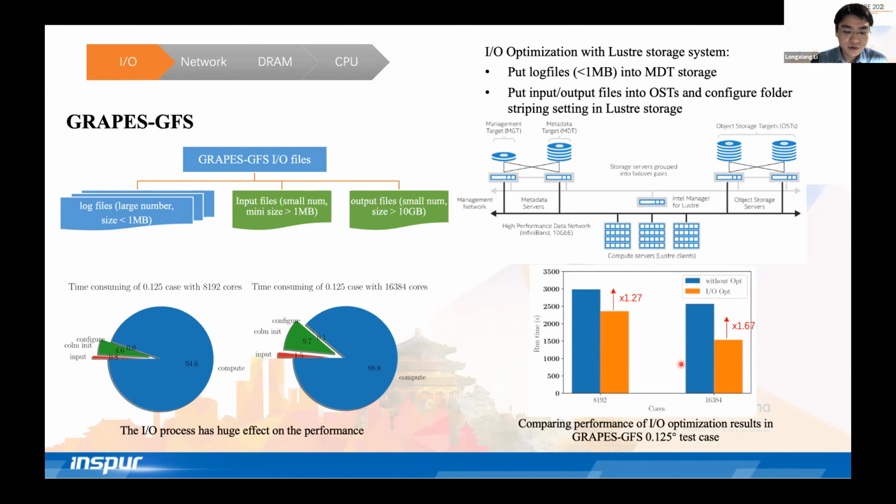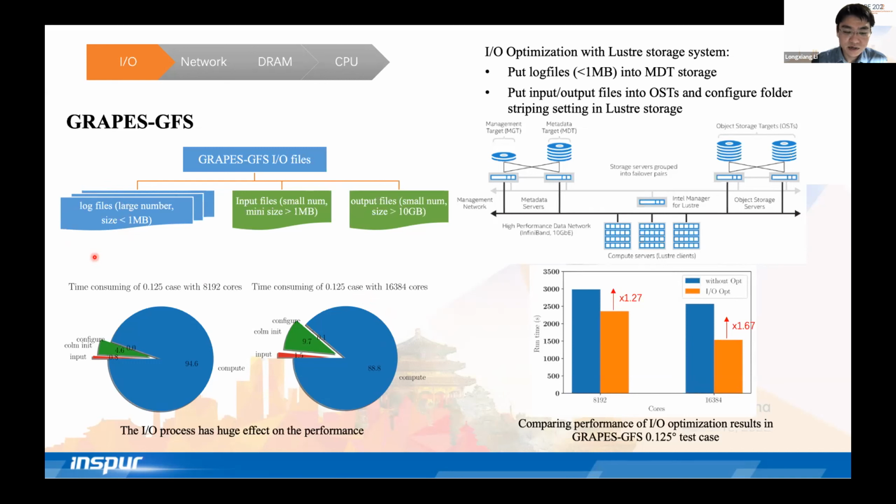The I/O files in GRIPS can be divided into 2 parts, that is the blue and the red ones. The first part is the log files, which have a small size but a large number. The second is the input and output files, which have a large size but a small number.